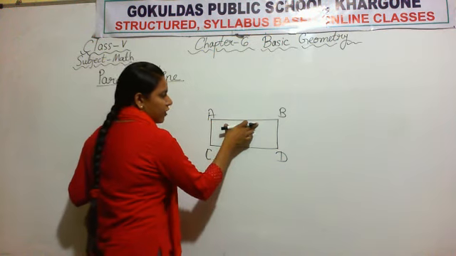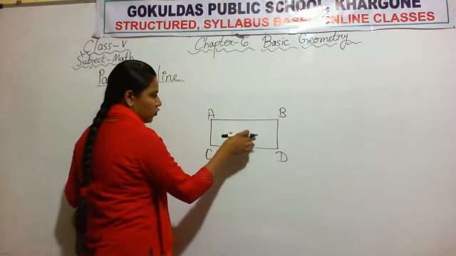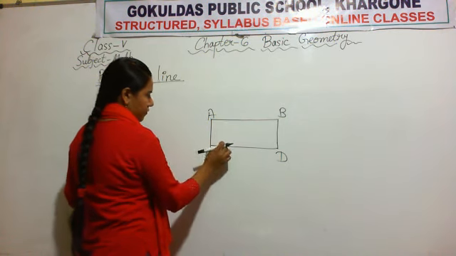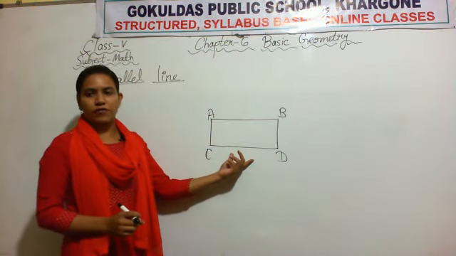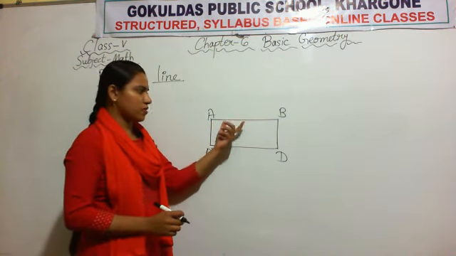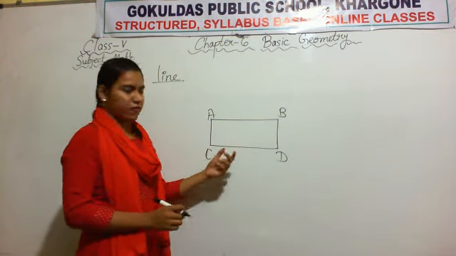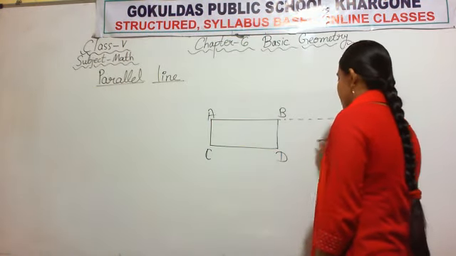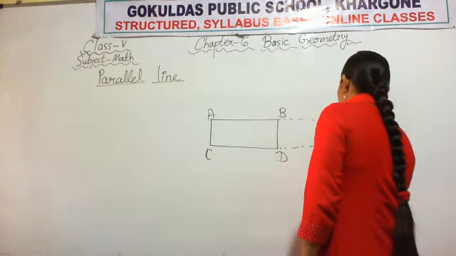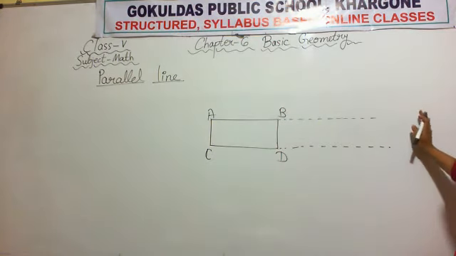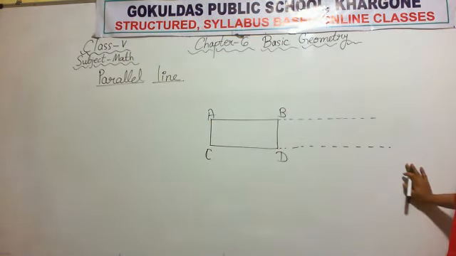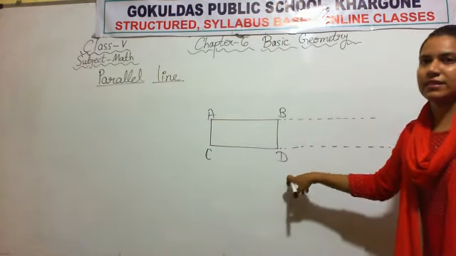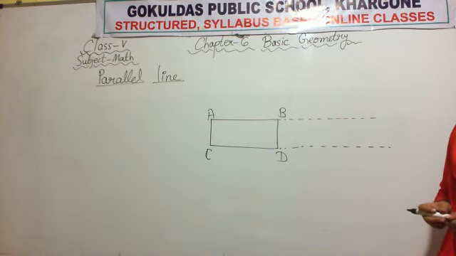The opposite side of AB is CD. So opposite sides are parallel to each other. Why? Because if I extend AB further and CD further, they are not crossing each other, or intersecting each other, at any point. So line AB and line CD both are parallel lines.